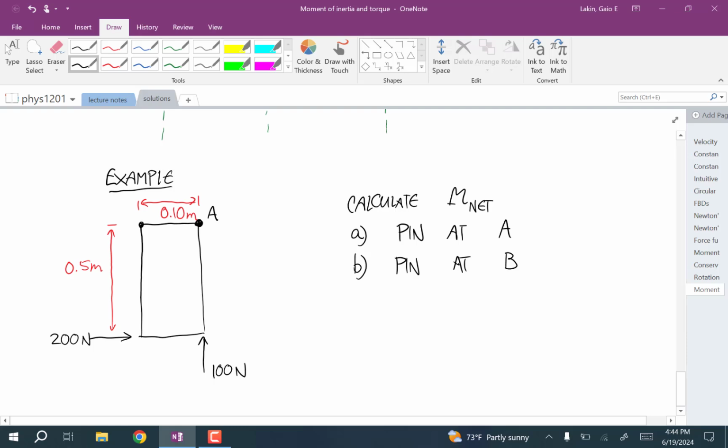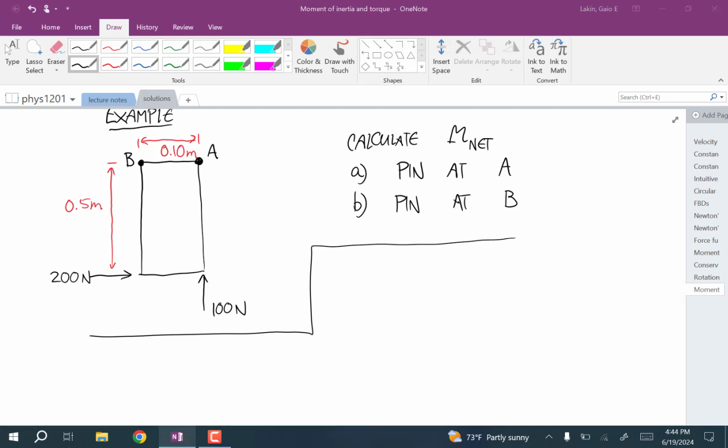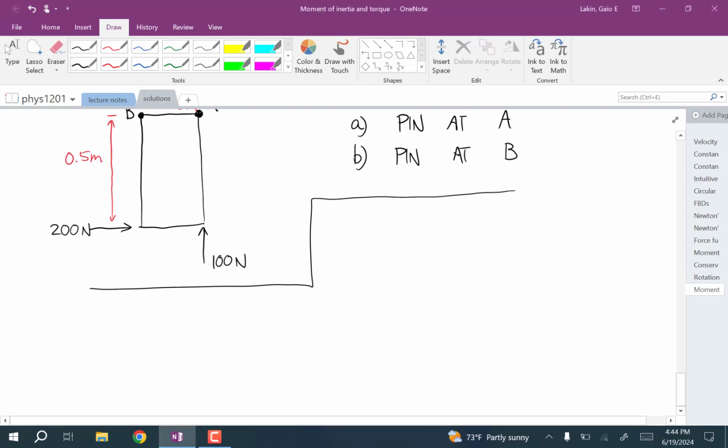And I'll put that here. Okay, so for part A, we're going to assume the hinge is at A. We're going to calculate the moments produced by each of these forces individually, and then we'll just add them up. That's the way that net moment works, or that net torque works.